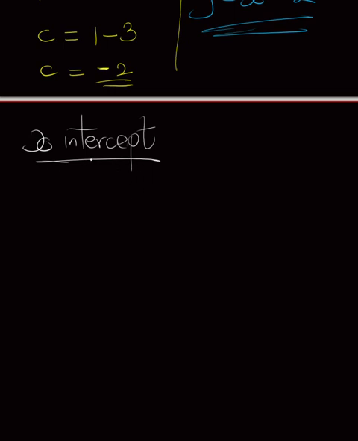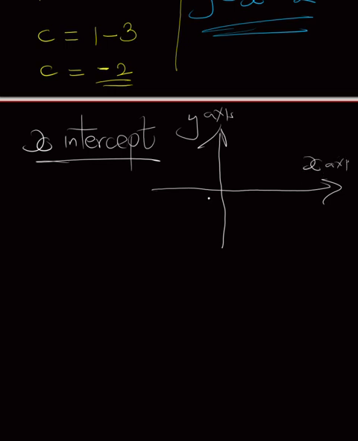This is the point at which the line cuts the x-axis. This is what I mean. When we have our Cartesian plane with the y-axis and x-axis, the point at which the line cuts the x-axis, that is the x-intercept.